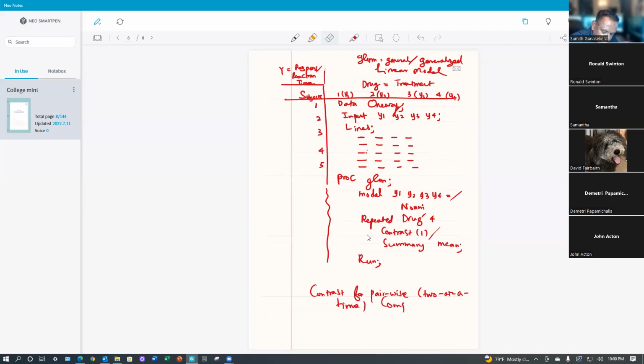So if you put the contrast 1, the pairwise comparison is between 1 and 2, 1 and 3, and 1 and 4.